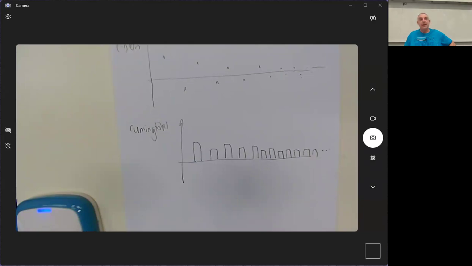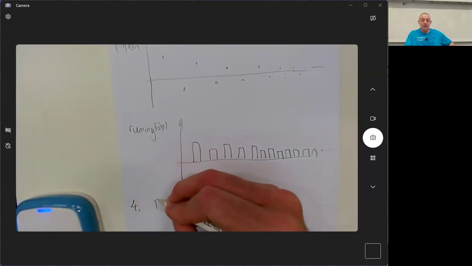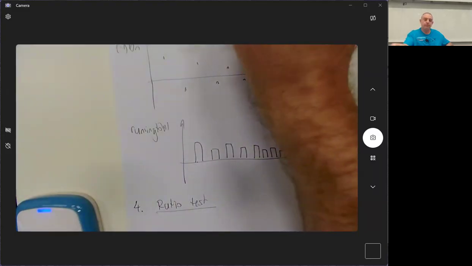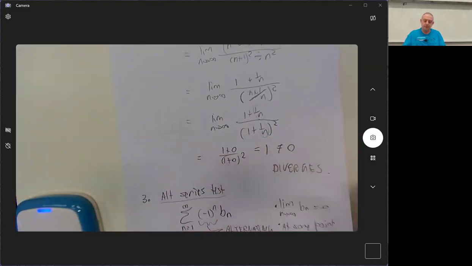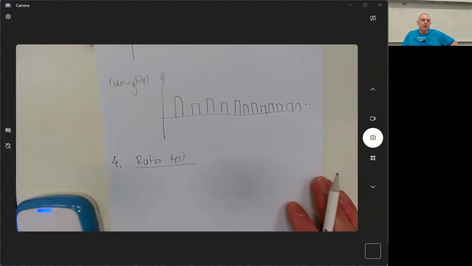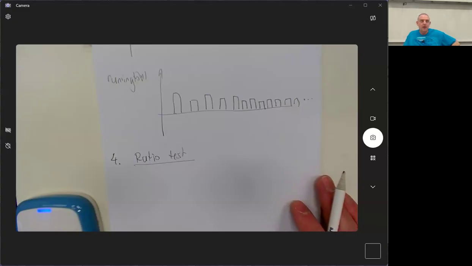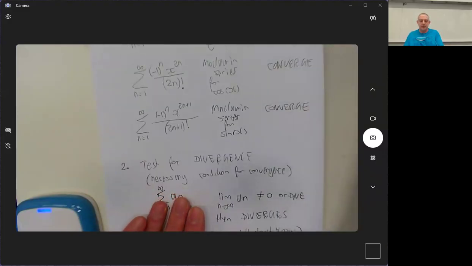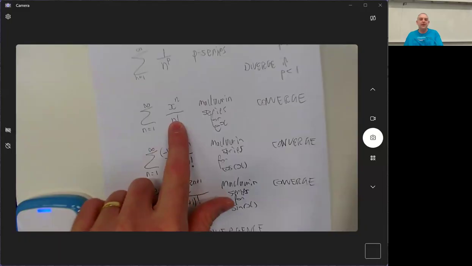All right. And then the last test is the most powerful of all, and it is called the ratio test. And the ratio test is specifically designed for things that give you geometric series and Maclaurin series for e to the x vibes.